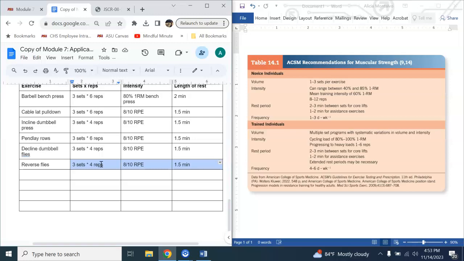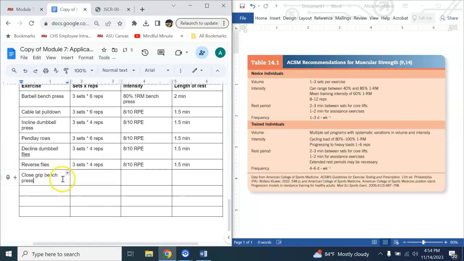What else do I want to do? Maybe I want to work on some triceps. So maybe some close grip bench press. I know that this is a multi-joint movement, but really the emphasis here is on the triceps, because the hands are close. So it's really more triceps than anything else.